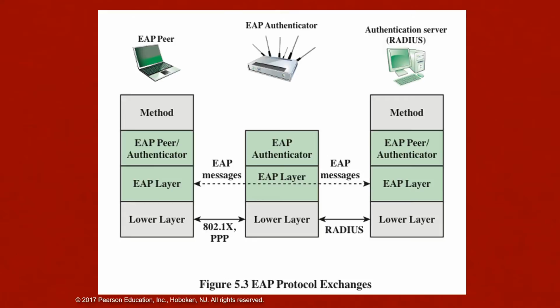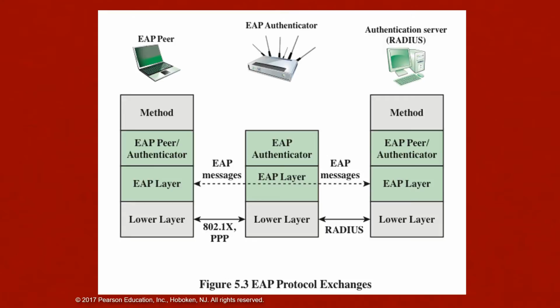Data contains information related to authentication. Typically, the data field consists of a type subfield indicating the type of data carried and a type data field. The success and failure messages do not include a data field.